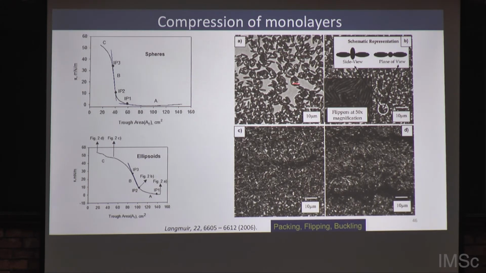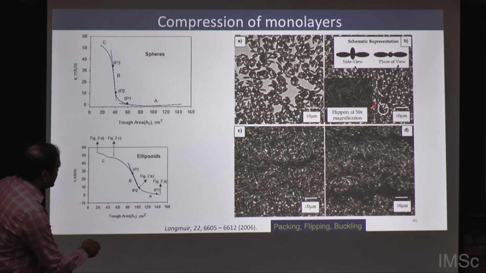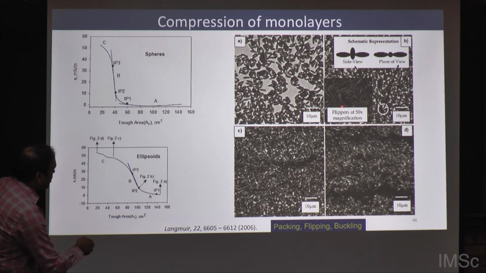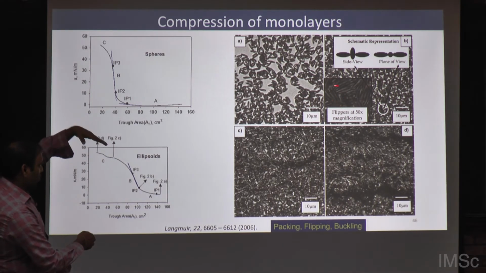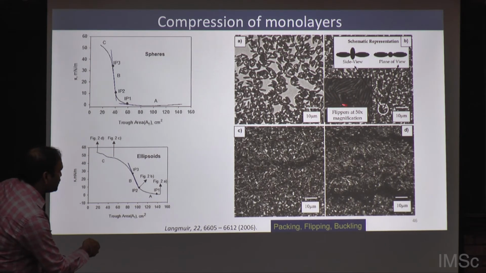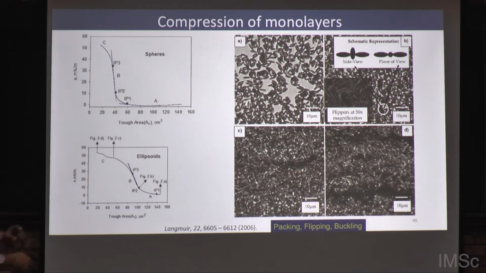But interestingly, when I start compressing it, at some point when I look at the microscopy of the monolayer at this IP2, you see that the particles that lie flat at the interface, at some point they flip. What I mean by flipping is, if I look at this inset here, a lot of particles look elliptical from the top view, but you see a lot of spherical structures that appear in the microscopy image.